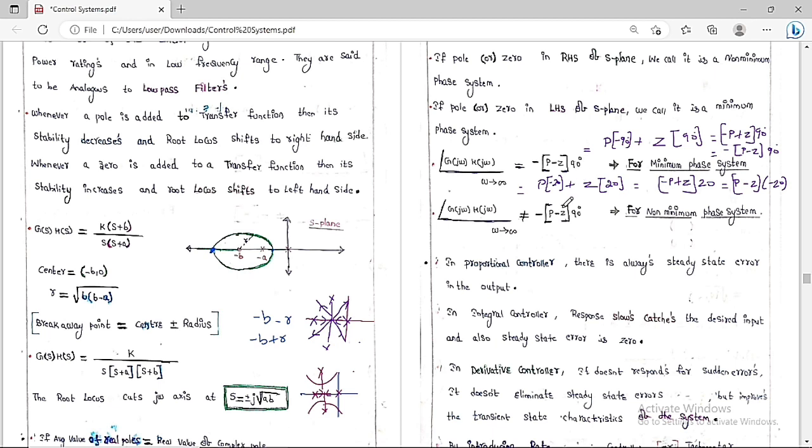For the slope, each pole contributes minus 20 dB per decade and each zero contributes plus 20 dB per decade. If we simplify, we get (p minus z) into minus 20 dB per decade. We can easily say this with these equations for a minimum phase system, but we can't say it for the non-minimum phase system.